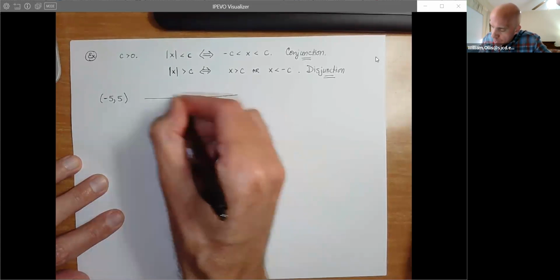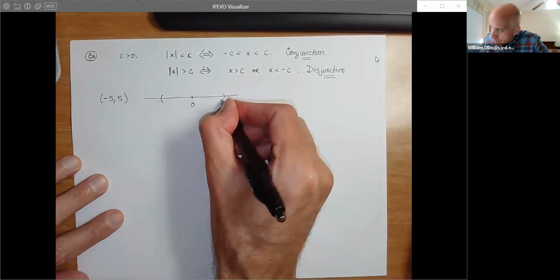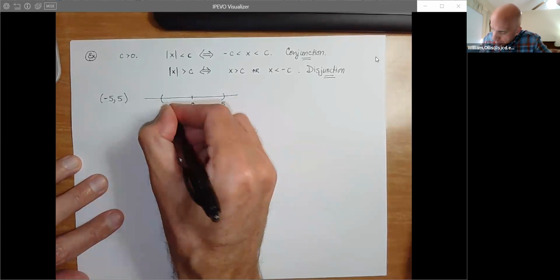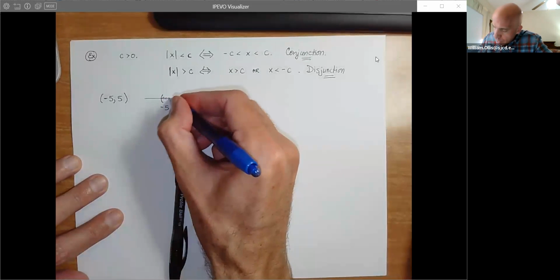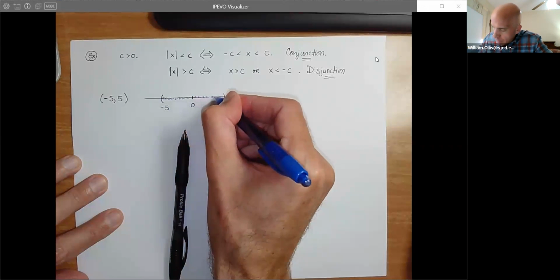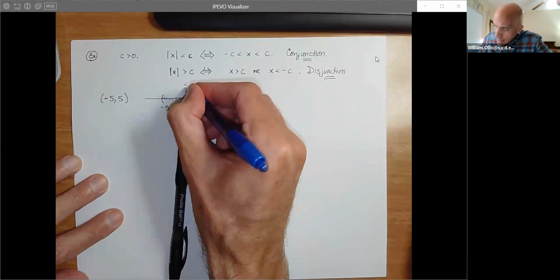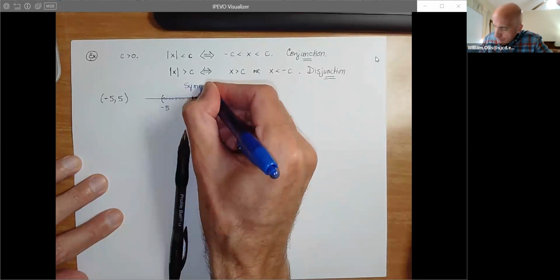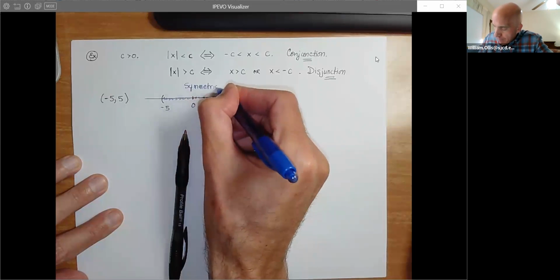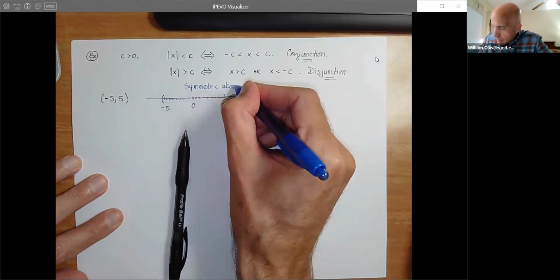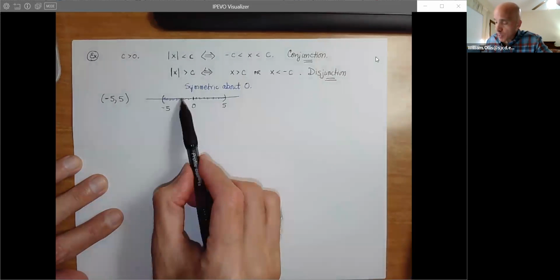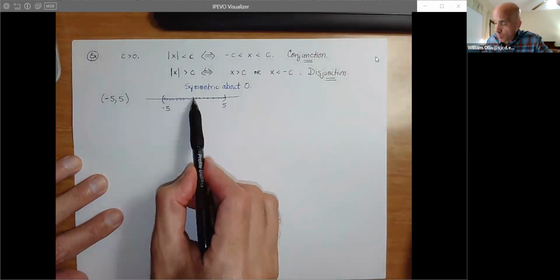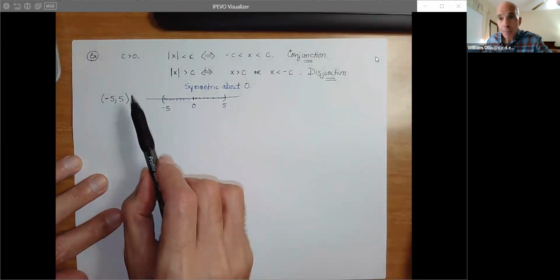You could just write this down, shading here, and say symmetric about 0, because the distance from 0 to 5 and from 0 to -5 are both 5.